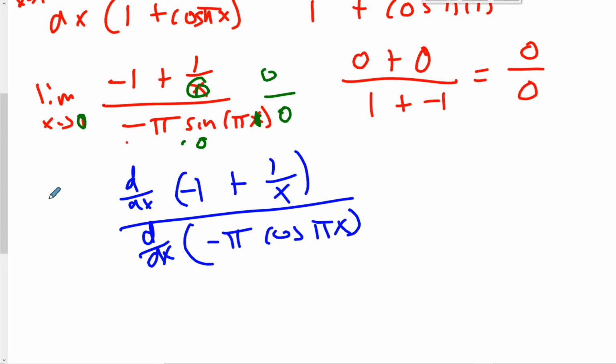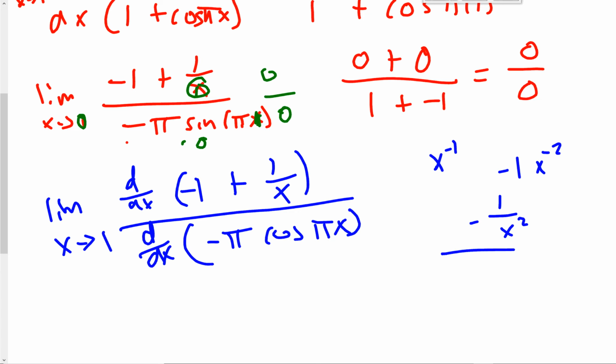And then I'll take the limit of that as x goes to 1. The derivative of the top is not too bad. This can be rewritten as x to the negative 1. So when I take the derivative of that, I get negative 1 times x to the negative 2. So that's just negative 1 over x squared. So that's my top.